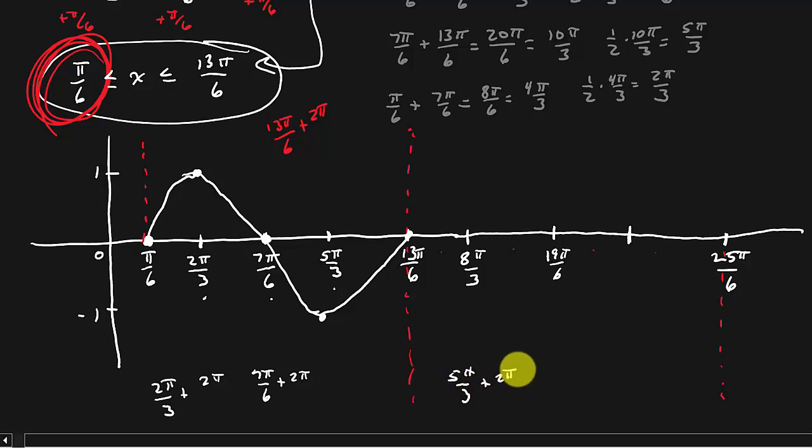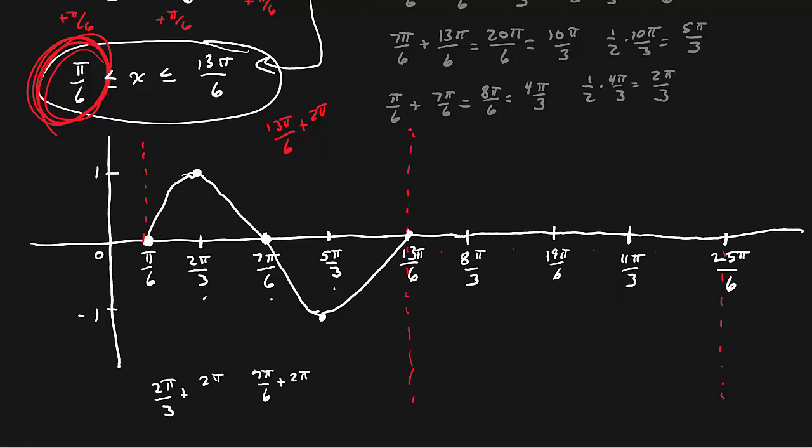All these points are just moving 2 pi over. I just added 2 pi to this to get this, so to get this one I would add 2 pi to that one, and so on. So that's 11 pi over 3.